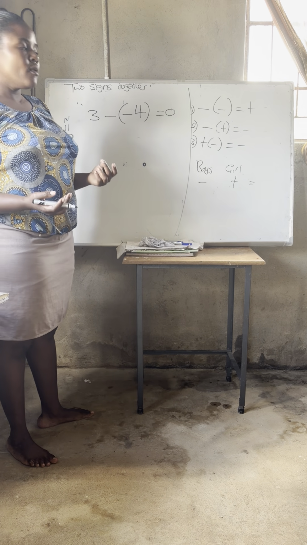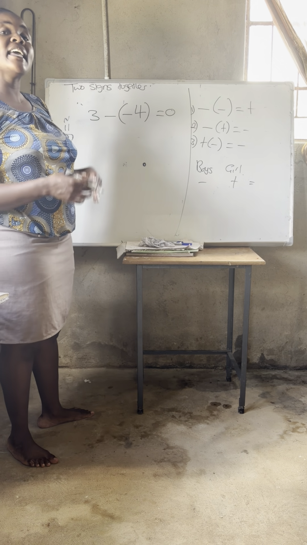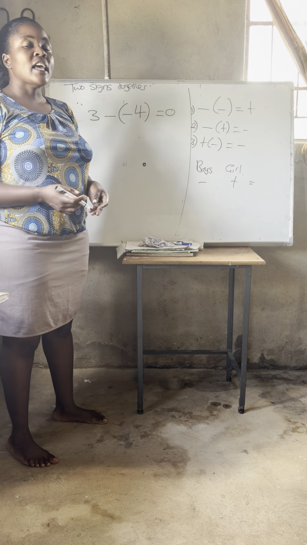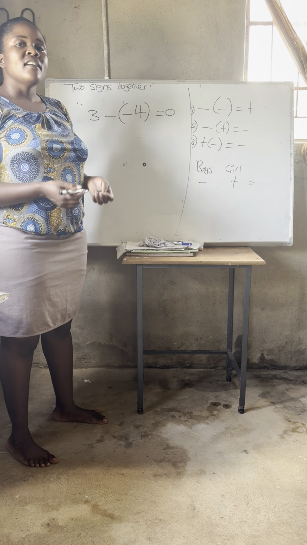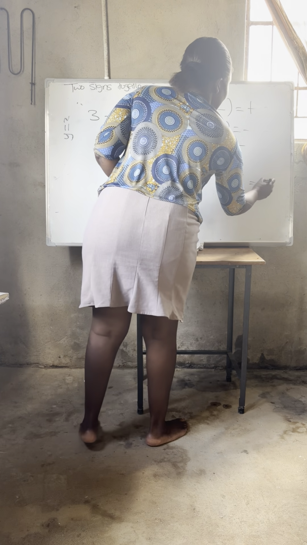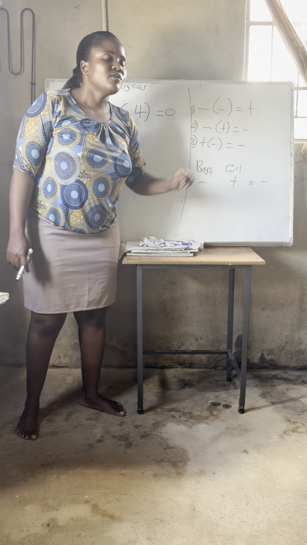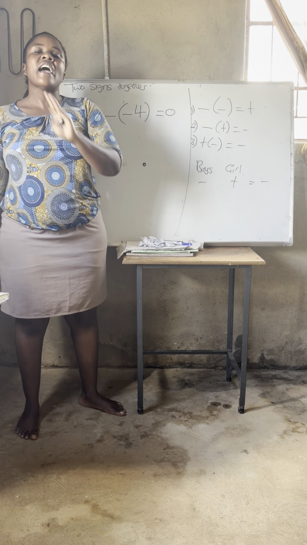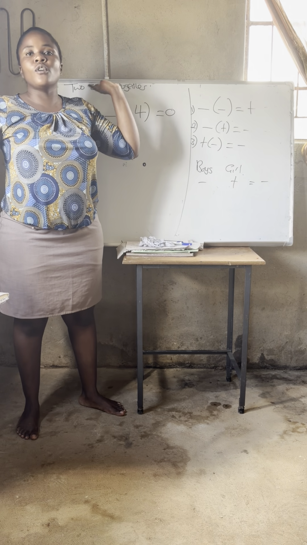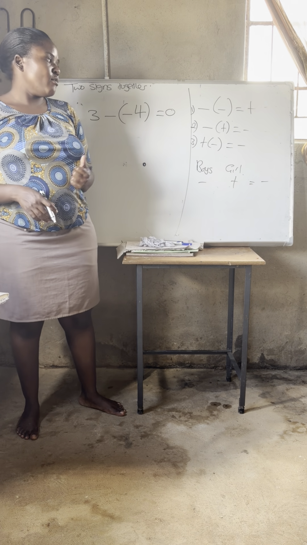So at home, the boys always stay at home. They don't go anywhere. Girls leave the house and go to their husband's house, right? So I said a negative and positive, we are left with a negative. That was an example of that one.